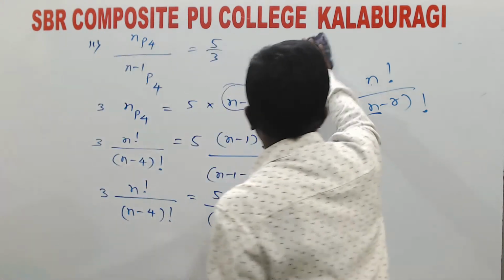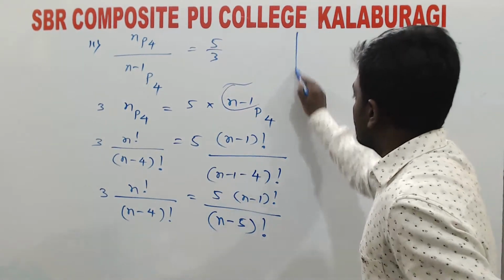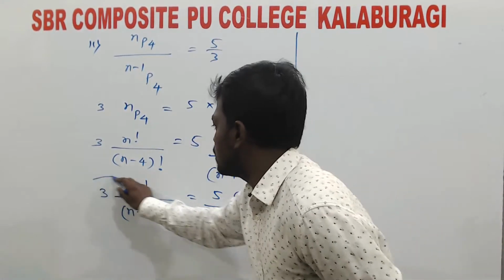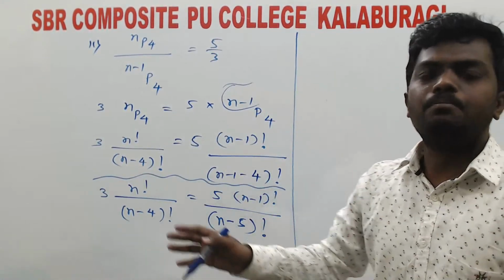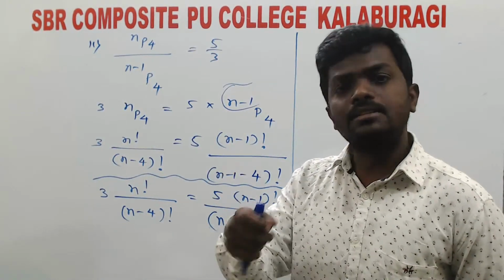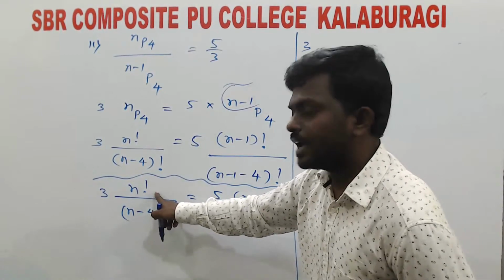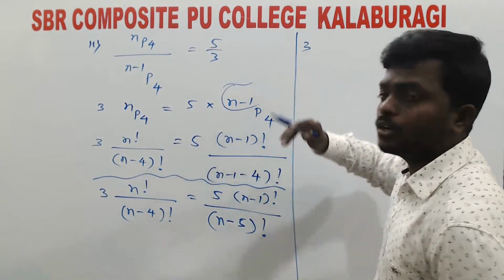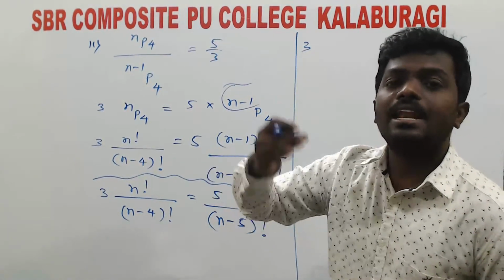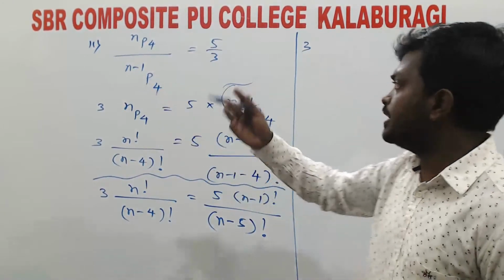So from here we shall simplify. Whenever you are solving factorial problems, keep observing each and every term, so that cancelling out and simplifying will be much easier, right, students? n factorial means it starts with n, then n minus 1, n minus 2, n minus 3, up to 3 into 2 into 1.